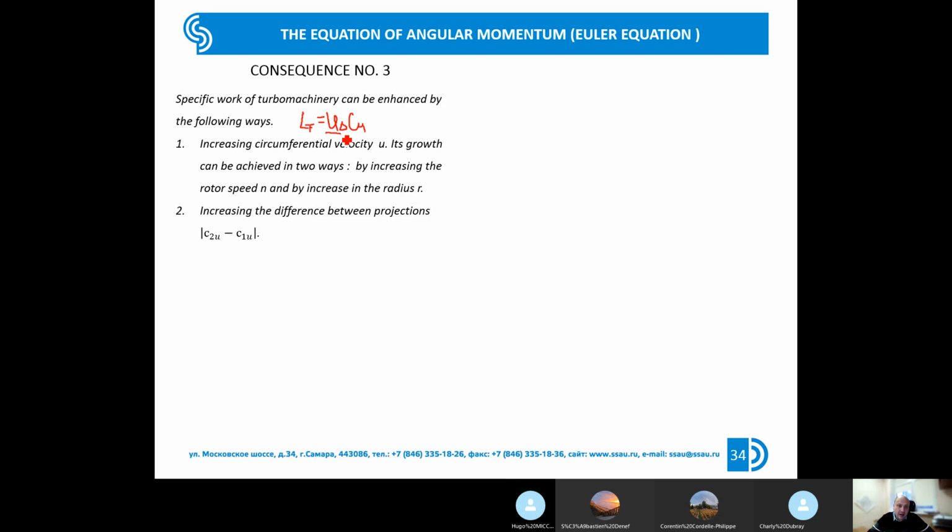Way number one, increasing circumferential velocity. How to increase it? It could be realized in two ways: increase the radius, or increase the rotation velocity, RPM, rotations per minute.